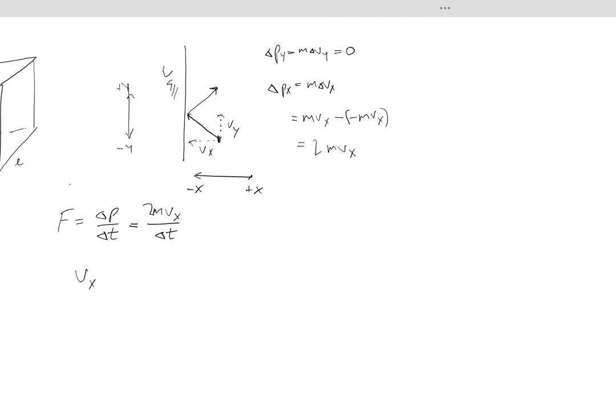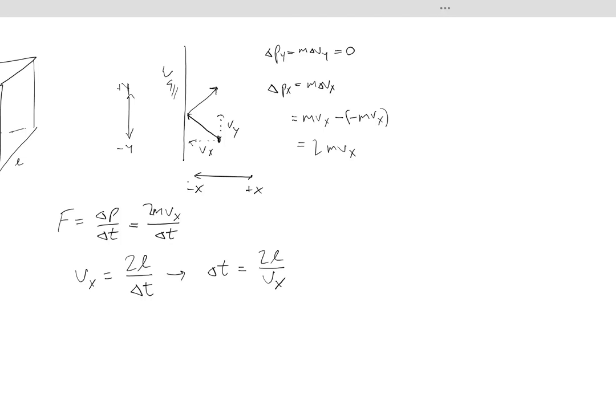So Vx, let's say it'll go from one side of the box to the other and back, so that's 2L, and the time is delta t. So we can rewrite that as delta t equals 2L over Vx.